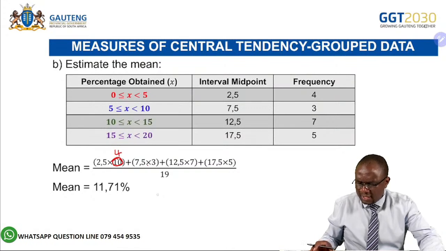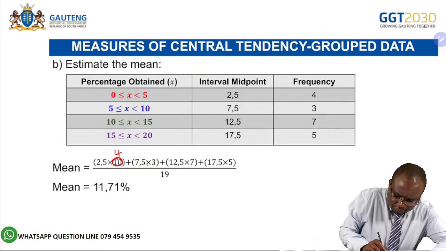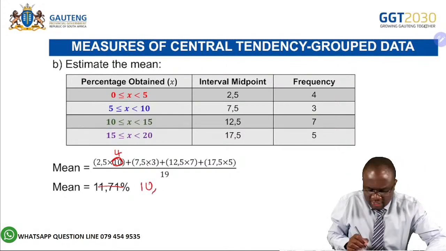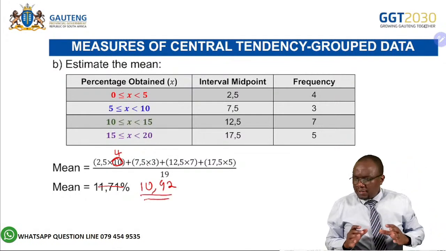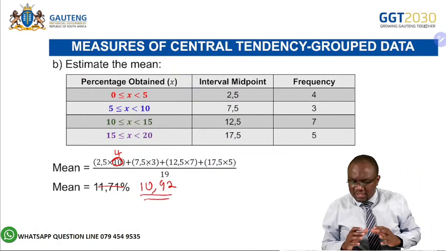Oh, it's 10,92. Unless I made a mistake, please. Okay, I'm getting 10,92. Unless there is a mistake.